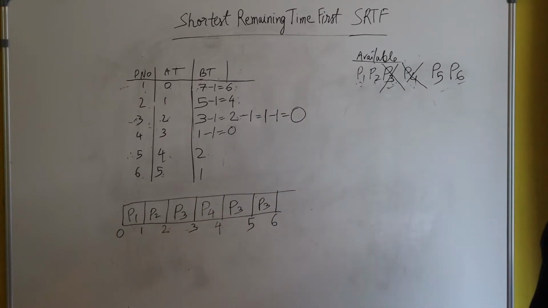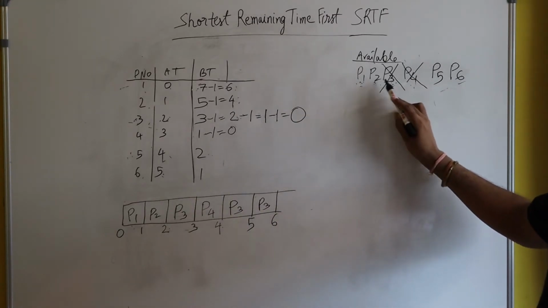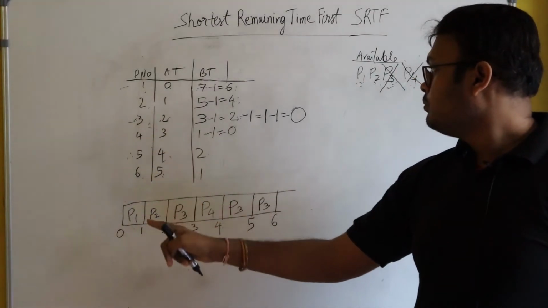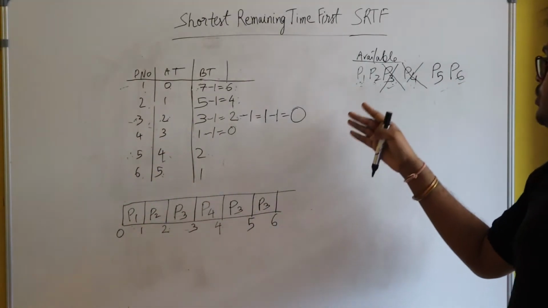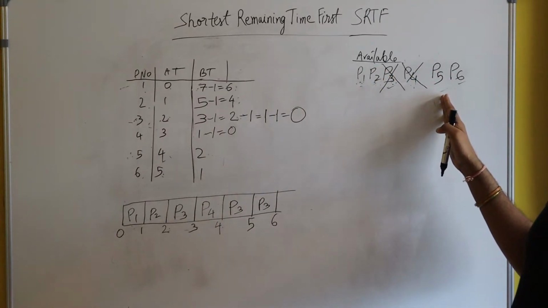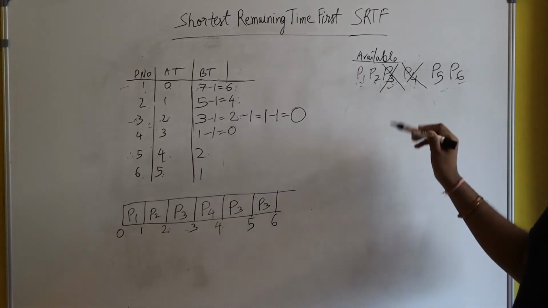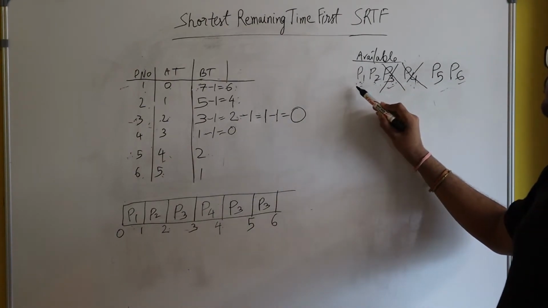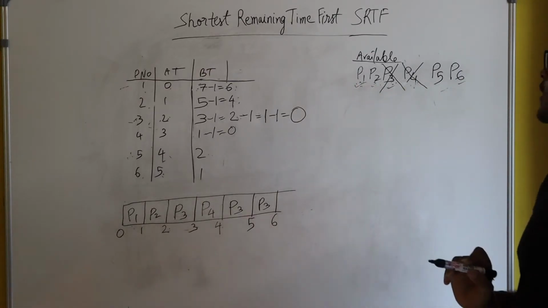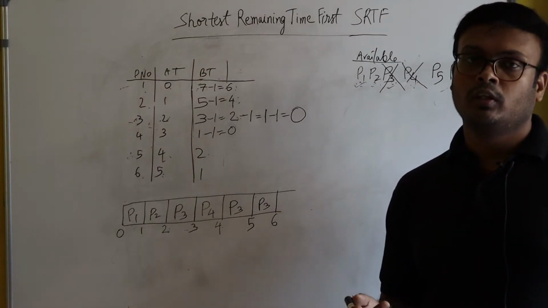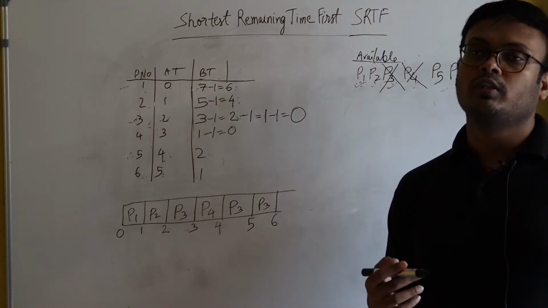So how many available processes do we have? P1, P2, P5, P6. Till 6 seconds, all the processes are available, and the P3 and P4 tasks are already done. So from here we will simply apply the shortest job first algorithm, which is preemptive.